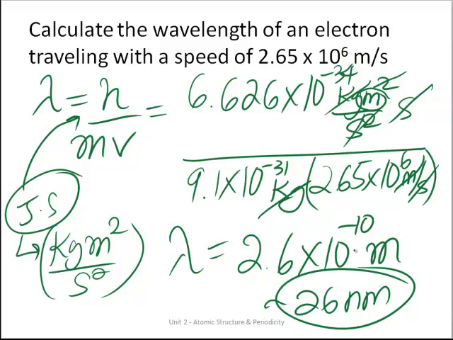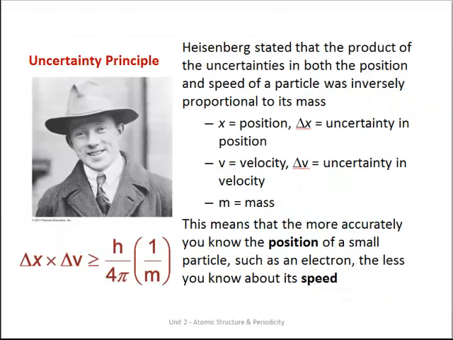Okay, so one of the biggest conclusions of realizing that the electron has the wave-particle duality is that it made it a lot more difficult to determine properties of the electron, and actually led to a new form of physics known as quantum mechanics.